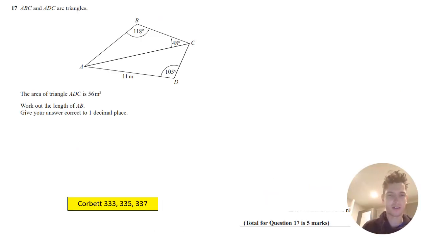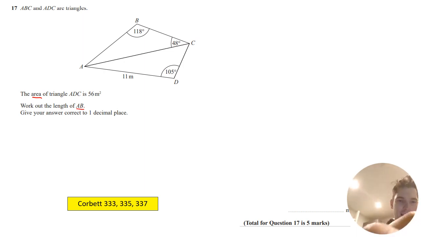Okay, next question, question 17. We've got 2 triangles, ABC and ADC. Neither of them are right angles, so looks like we could be using the sine rule, cosine rule, something like that. It tells us that the area of triangle ADC is 56. So ADC is 56, and I want to work out the length of AB.